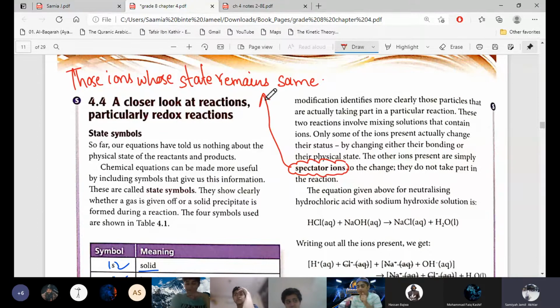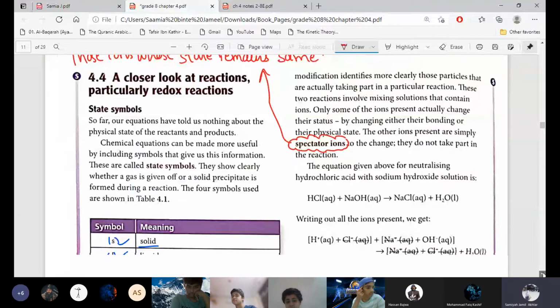Like in the first example we saw that the nitrate ion NO3 was aqueous on the reactant side, and on the product side also it was aqueous, NO3 aqueous.